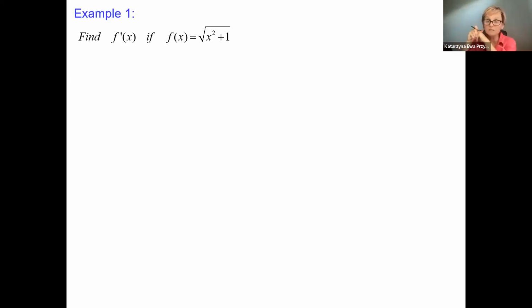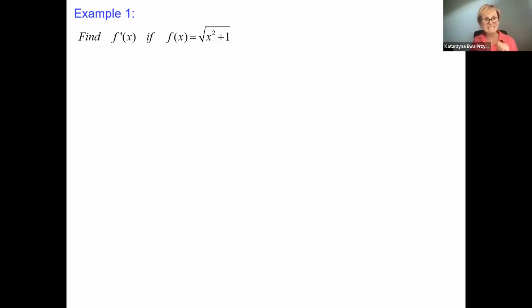For instance, let's start with this. If you can get the derivative without any problem, that means you understand the chain rule. Find the derivative of the function square root of x squared plus 1. I know that for most students it is helpful to name the inner quantity as a new variable.